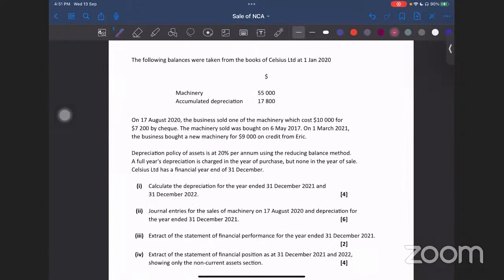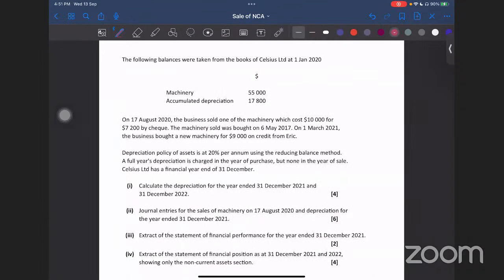So let's look at this question. Same thing, I'm going to pause here for maybe 30 seconds to read through, then I will come back again.